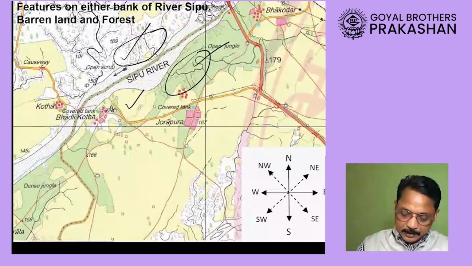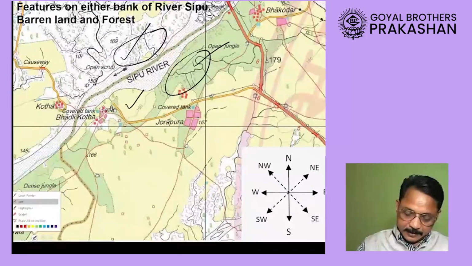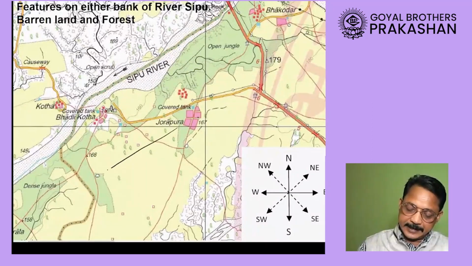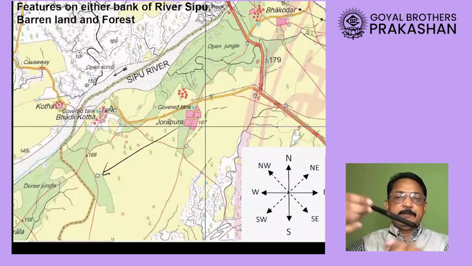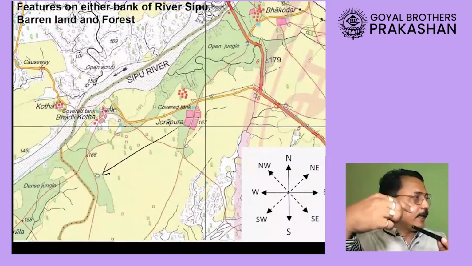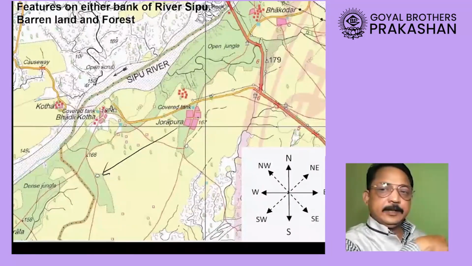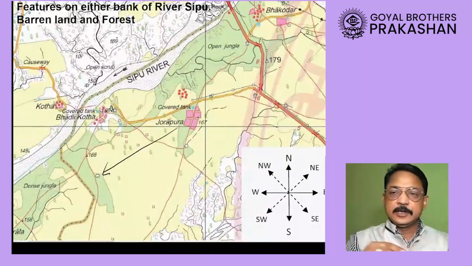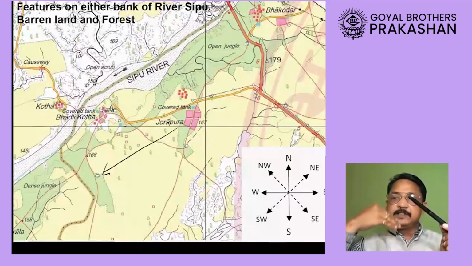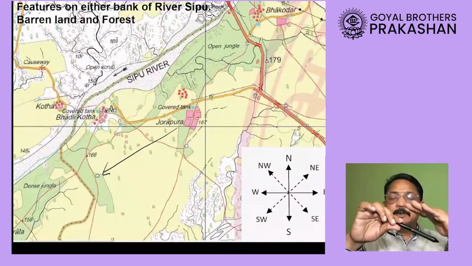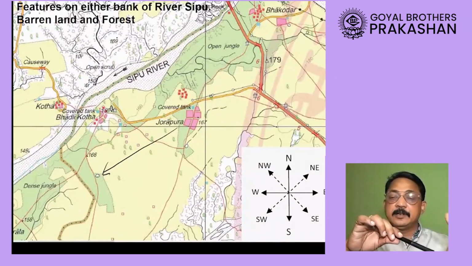Now, very important, dear student, that when a river is flowing in a particular direction, we have to look in that direction. So, if the river is flowing this way, I will also be looking in that direction, and in whichever direction the river is flowing, one side will be the left side of the river, and the other will be the right side.